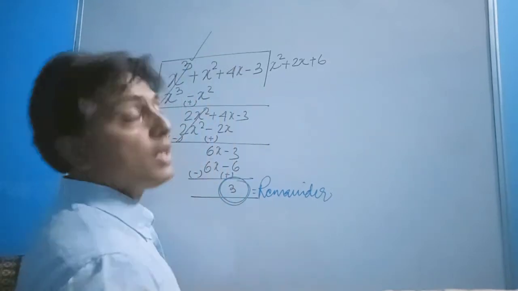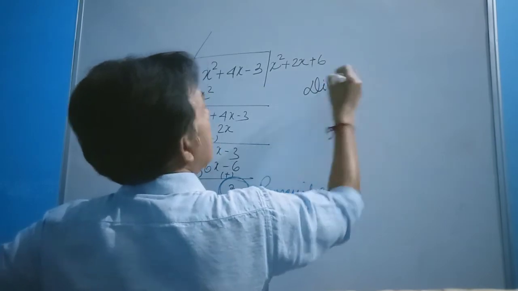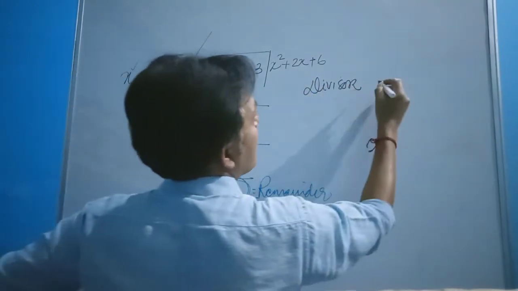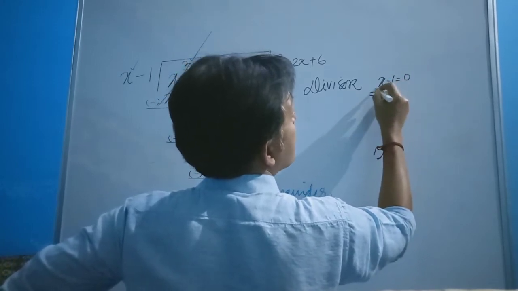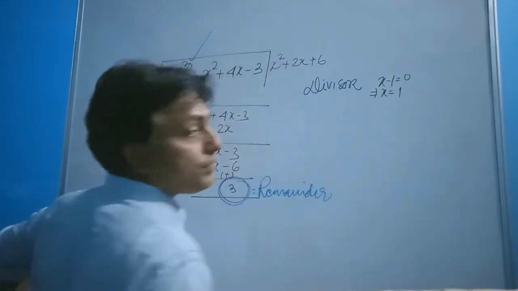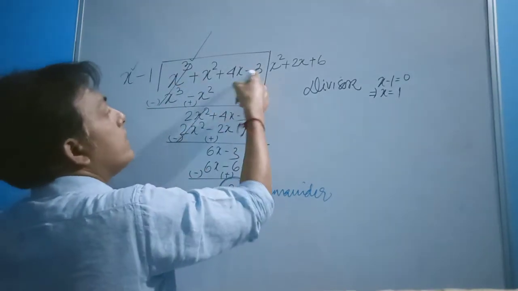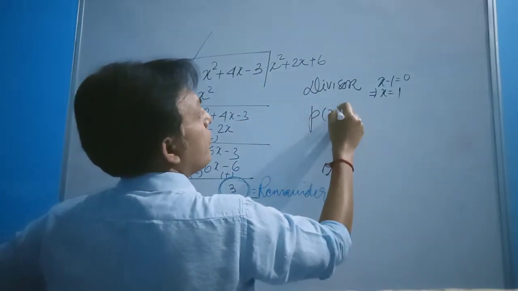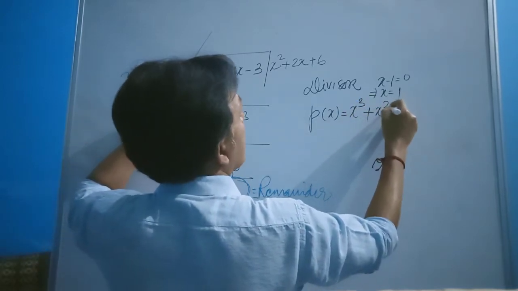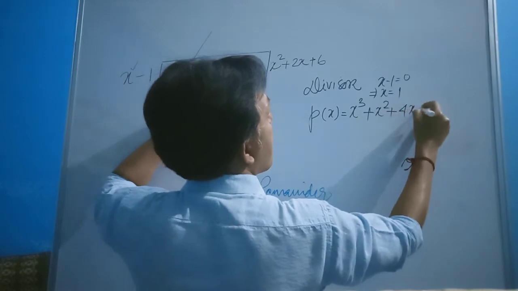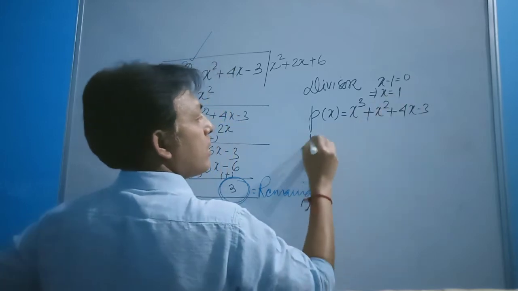So what was the method? Take the divisor. You are going to divide by x minus 1. So take the divisor and find the value of x from the divisor. Correct? And since we are going to divide this polynomial, we are giving it the name p(x), and replace all x by 1.